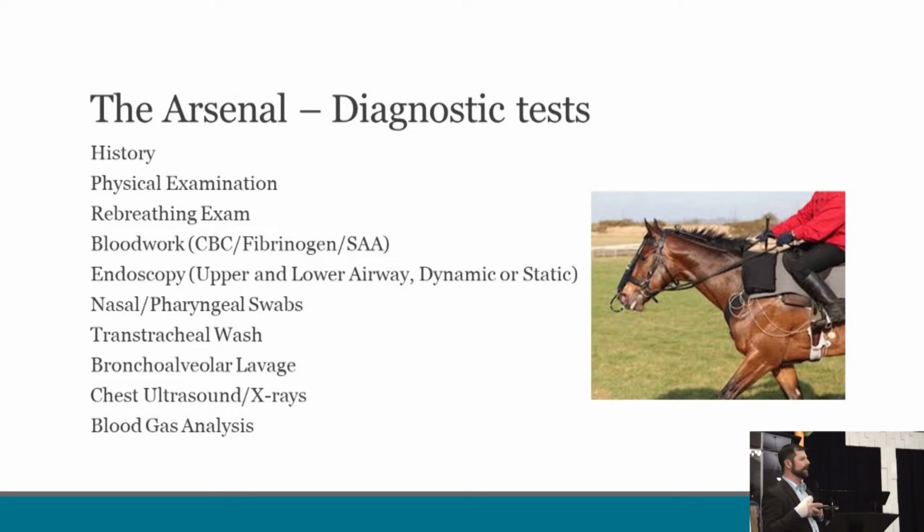The problem with that is that a lot of conditions aren't going to be apparent when a horse is resting. In other words, they're only going to be obvious when the horse is exercising, right? So how would we diagnose those? Well, we now have the ability to use what's called a dynamic scope. This horse here, I don't know if you can quite see that, has an endoscope attached to a special bridle in its nose while it's exercising.